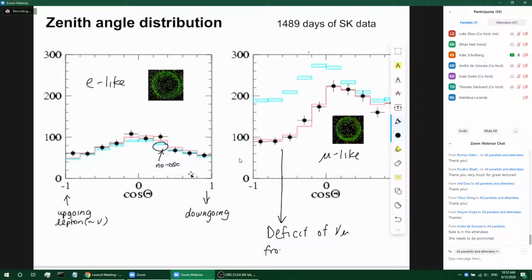And so this is the too few nu mu problem. And it's a path length, these are the long path length ones. There's a path length and energy dependent deficit. And these events are binned in energy. These particular plots are integrated over quite a lot of bins of energy, but what we can actually do with the data is bin it in energy and path length and fit that to oscillations.